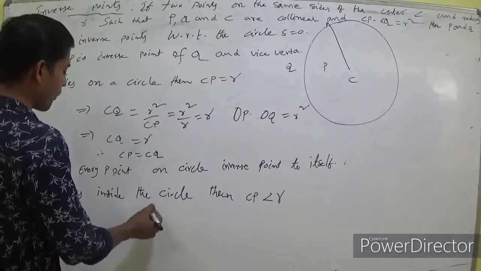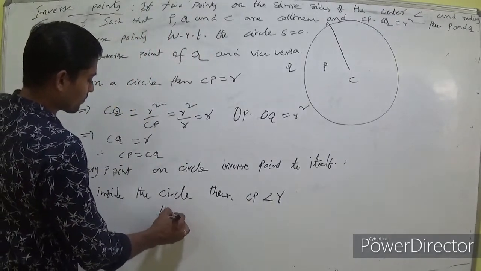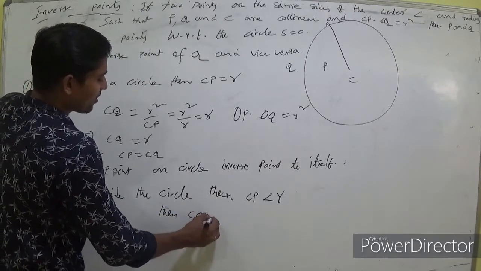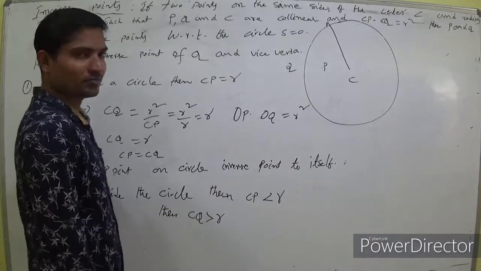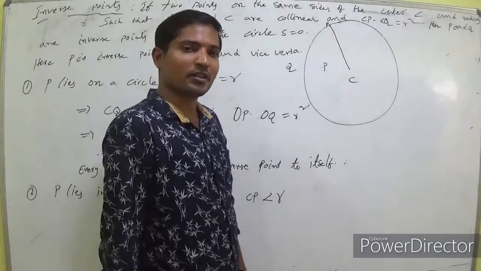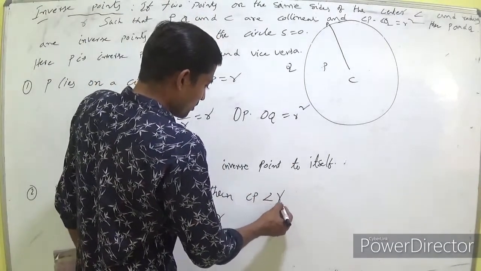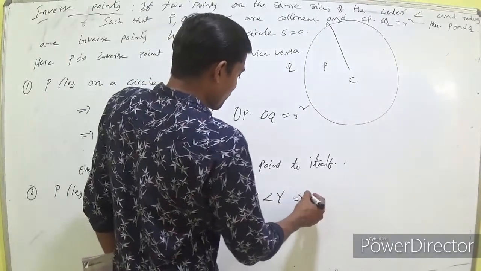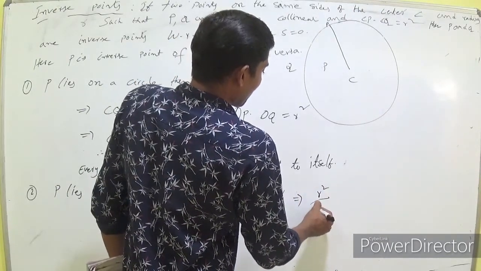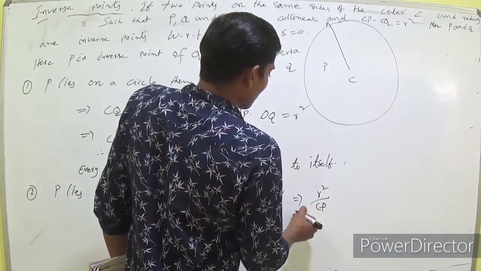Then CQ is greater than R. Why? Because CQ is equal to R square by CP.